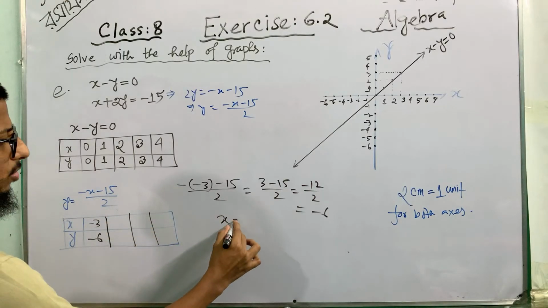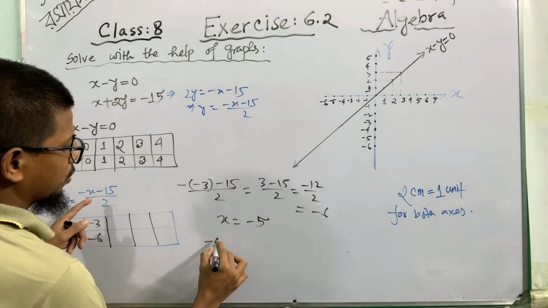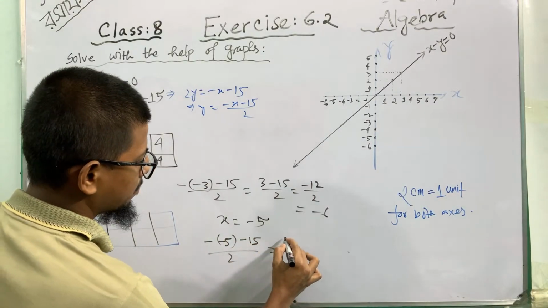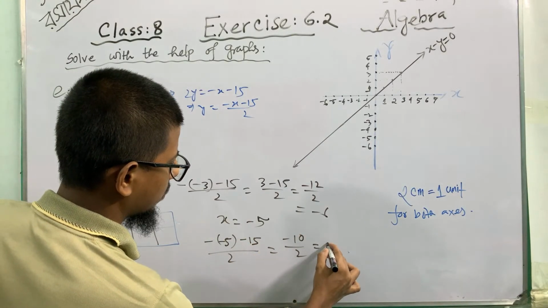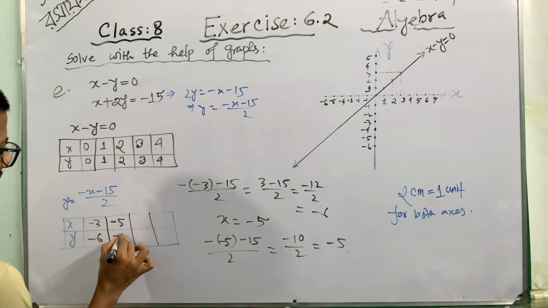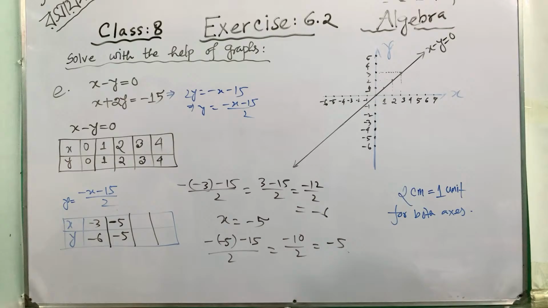What about x equal to minus 5? If x equal to minus 5, I have minus 10 by 2, I have minus 5. If x equal to minus 5, y equal to minus 5, right? How about x equal to minus 6 or minus 7?